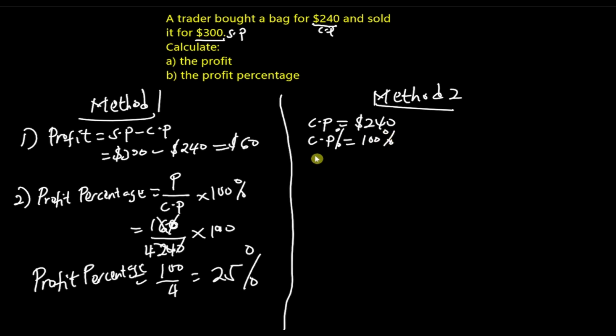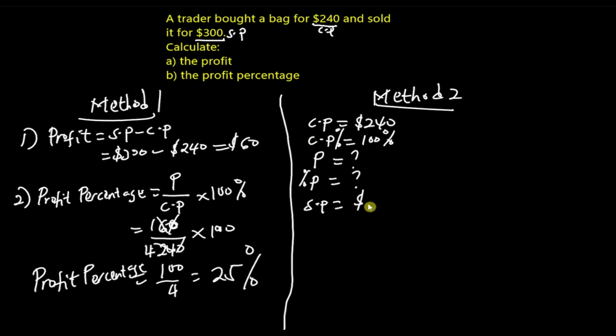Now the profit after we have sold the bag for 240, we don't know. And also this profit in terms of percentage, that one too we don't know. So the profit percent, that one too we don't know, but we know the selling price to be $300.